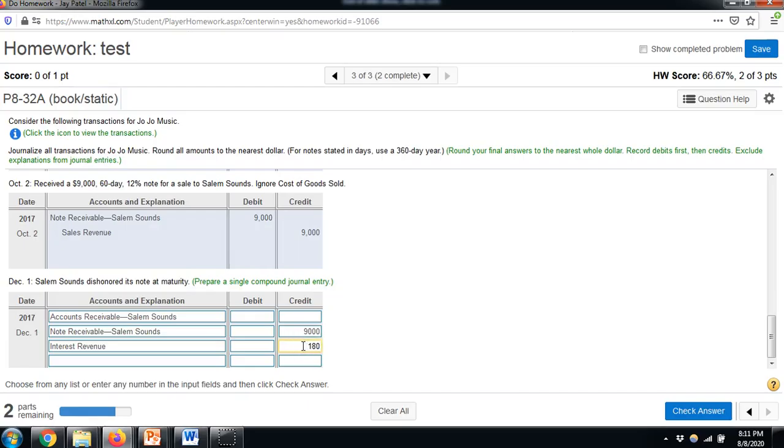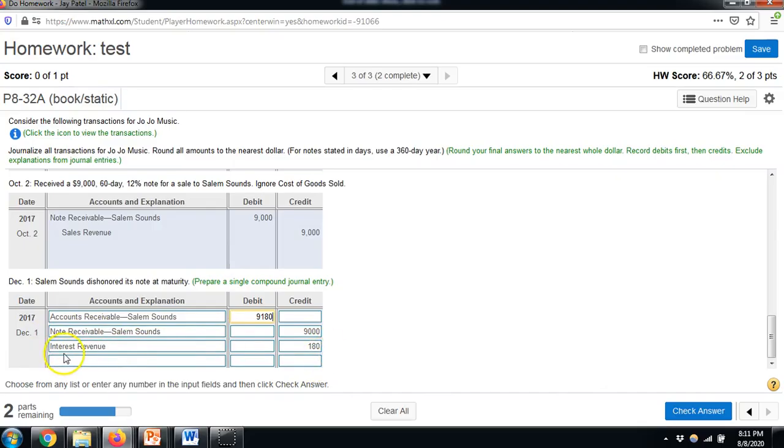So then we're basically going to transfer this note receivable and this interest revenue, which we're recognizing, to an account receivable. But don't get scared. This interest revenue, even though it looks like we are recognizing it, we're going to account for that by writing it off as a bad debt in the next step.